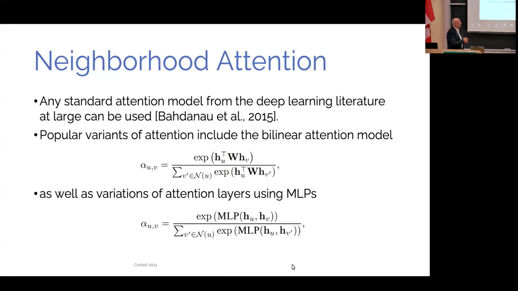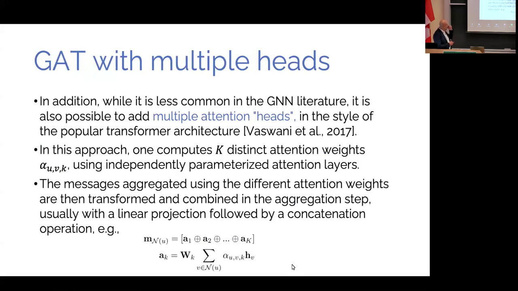So this is the way in which we compute those weights. And again, we need some matrices that we need to train. So there are many different proposals. Again, some work better in some contexts, some other work better in others. No one is solving all the problems.